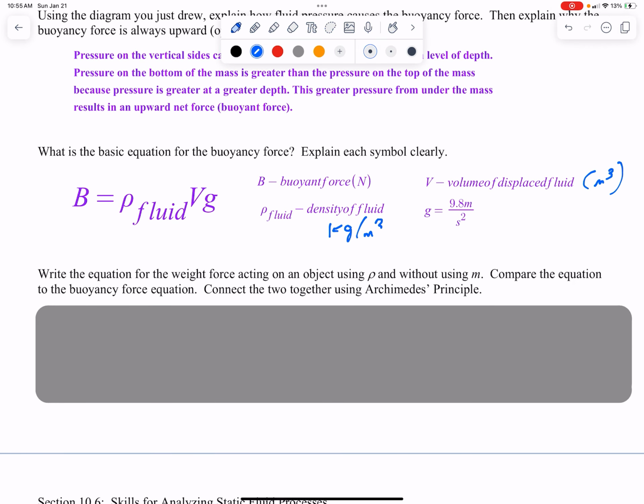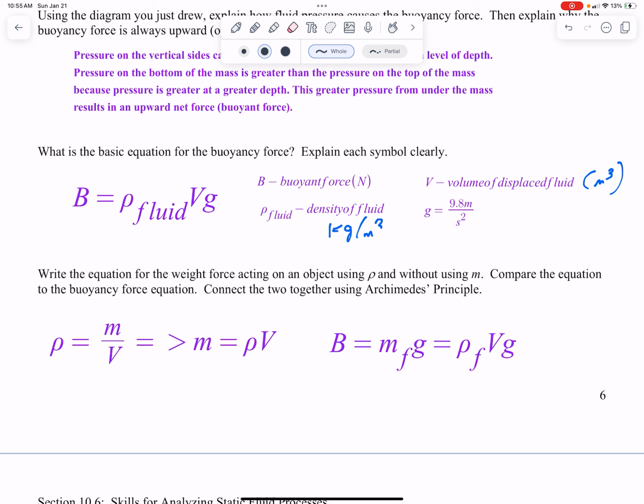So let's write an equation for the weight of an object using rho without using mass, and then compare the buoyant force in the equation. So density is mass per unit volume, but if you solve for mass, mass is density times volume.